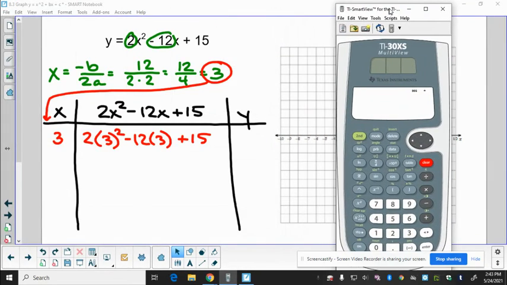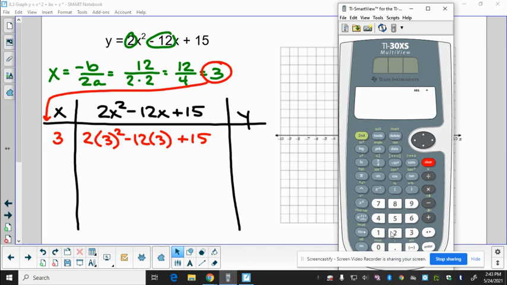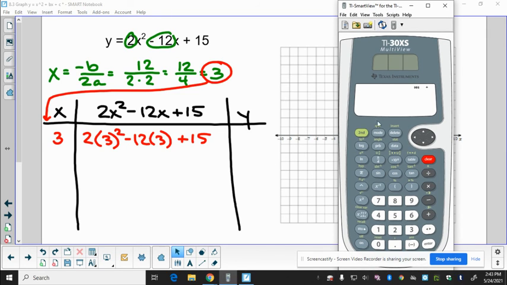So I'm going to move this calculator over here. All right, here we go. So we want 2, I'm going to put my numbers in parentheses using my square button there. Minus 12 times 3.